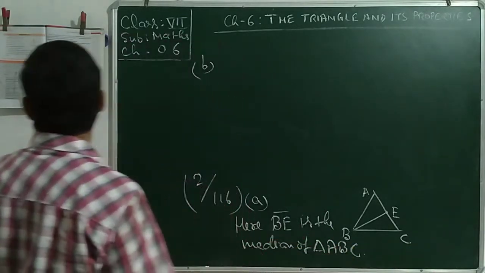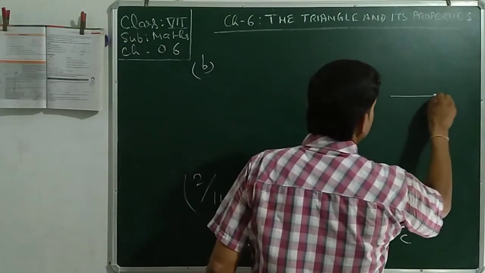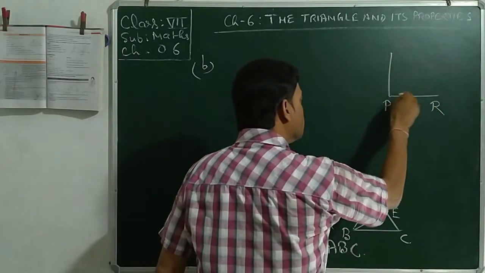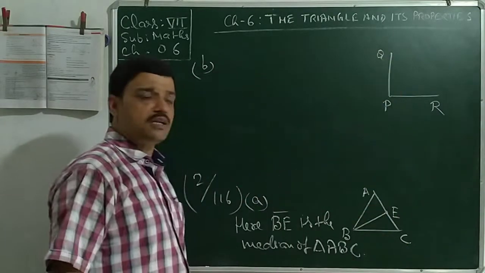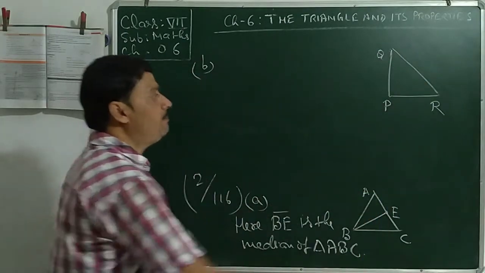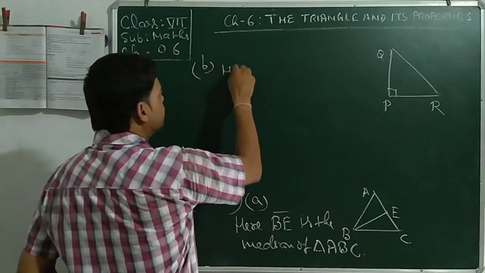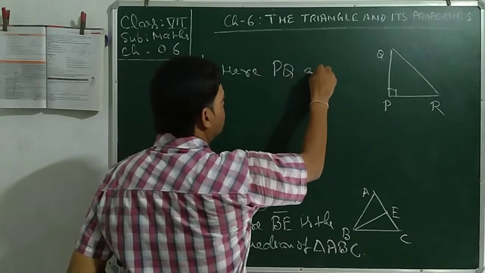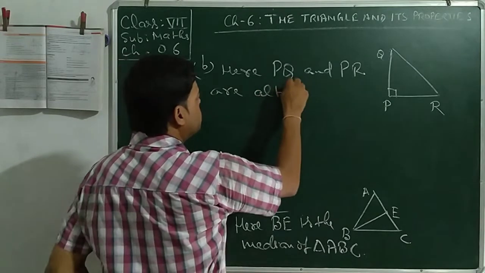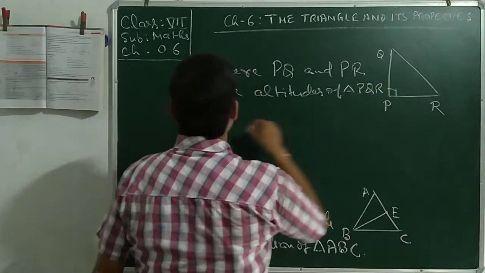So if these two sides PQ and PR form the right angle and we draw the triangle, then we will get PQ and PR both as the altitudes of the triangle. Here PQ and PR are altitudes of triangle PQR.